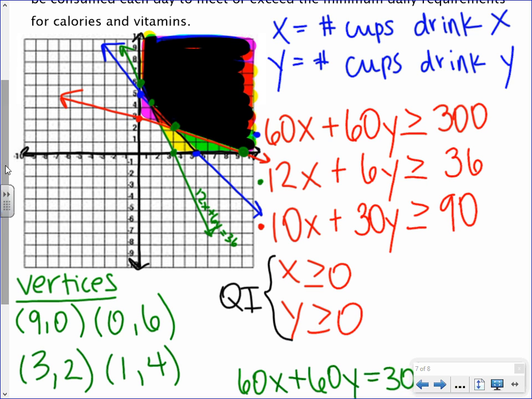And this line is 10x plus 30y equals 90. Maybe a good idea to label your lines since you're using pencil so that you know which lines you need to find the intersection of, okay? It would not have been good to find the intersection of my red and green line. That was not a vertex, okay? So it's important to know which lines you need to find the intersection of, okay?